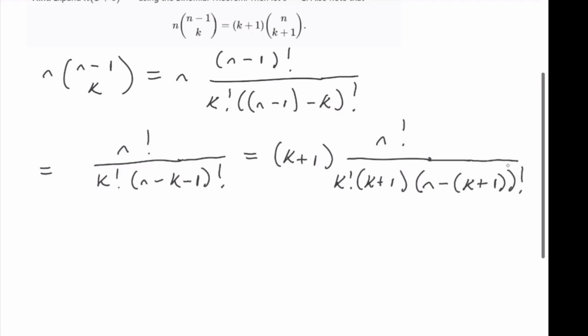Because in order to get the n choose k plus 1, we need n minus k plus 1 factorial, and n minus k minus 1 is equivalent to n minus k plus 1.